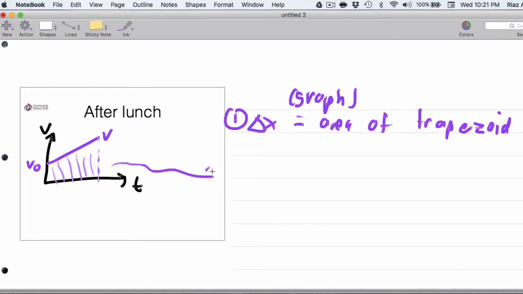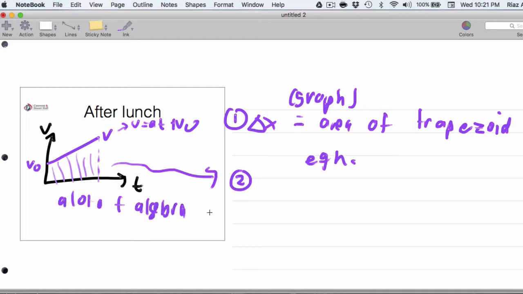But then we went ahead and we did what I'm going to call an equation part. We realized that v here is at plus v naught, okay? And then we did a lot of algebra. And what did we conclude? We concluded that there are actually 3 equations that we can use to describe the motion of an object. One is we get its position as a function of time.